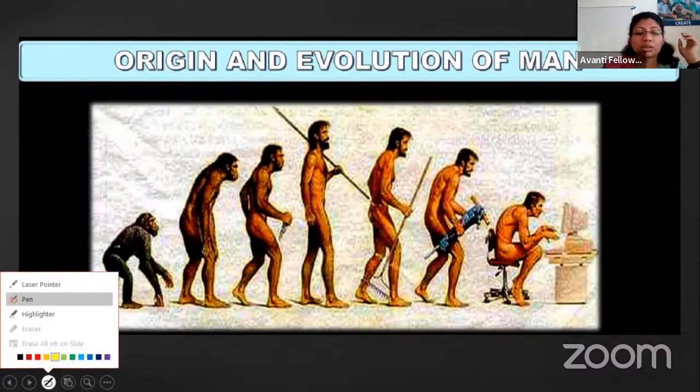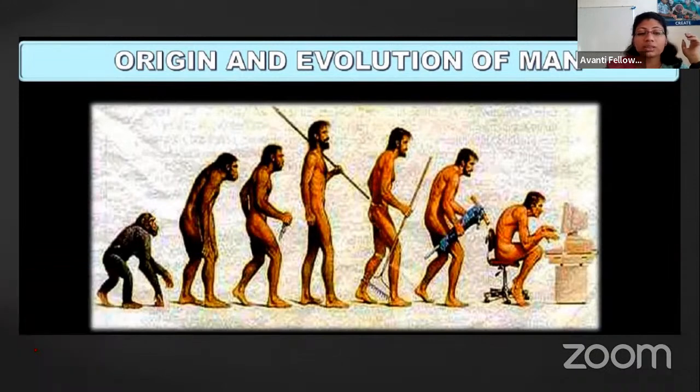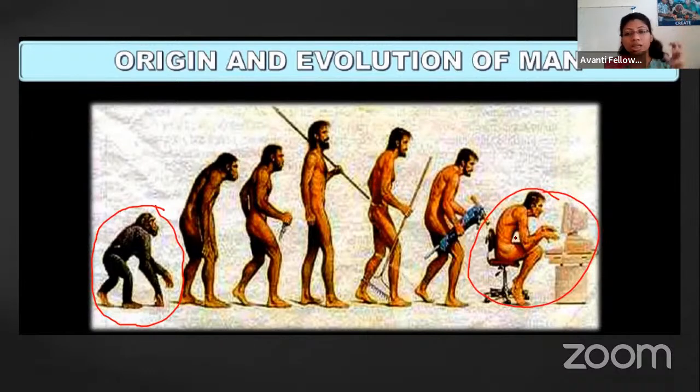See, this ape has the same bent structure, and now we also have this bent structure, because we keep looking into our computers and mobiles, so instead of a more erect posture, we are moving back towards the bent structure now.